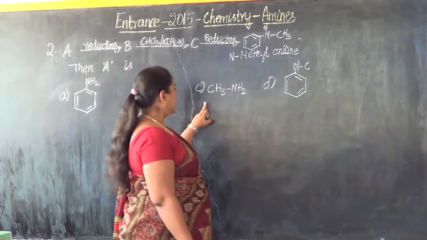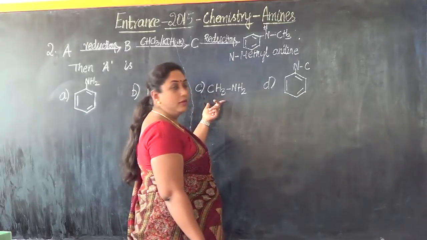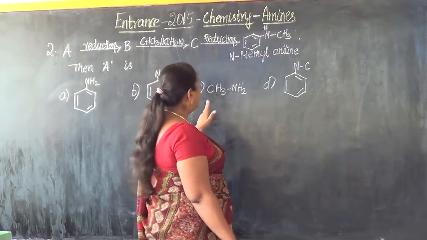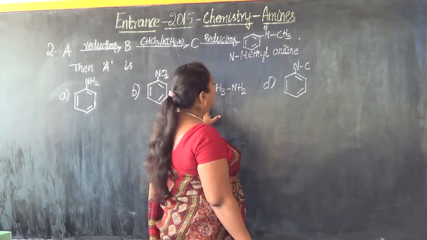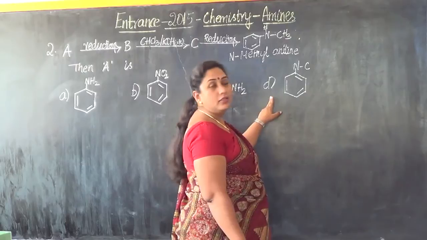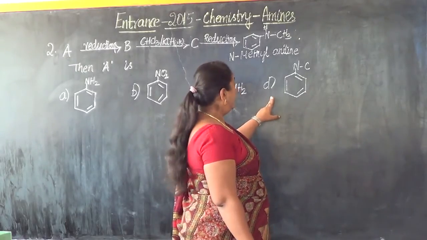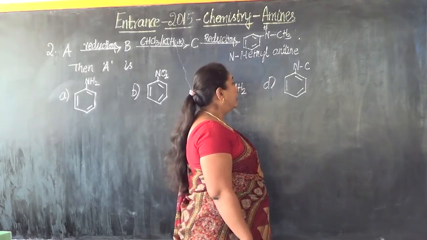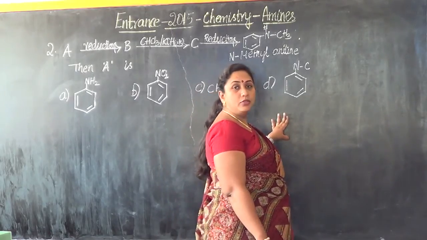Option C, methanamine or aminomethane. Can this be methylamine or methanamine? And then option D, where N is linked to the benzene ring. So is it benzene isocyanide?